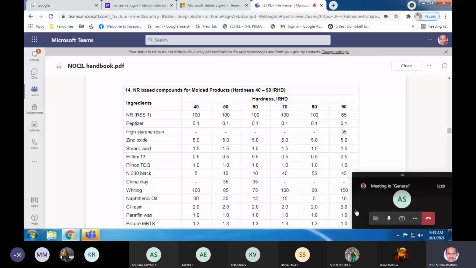And the next one is the TDQ. Regarding the TDQ, we discussed in the last class. And whatever we discussed for the anti-ozonant, it applies to the antioxidant. In case of TDQ, we said it is polymerized. So its performance depends on the extent of polymerization, right?